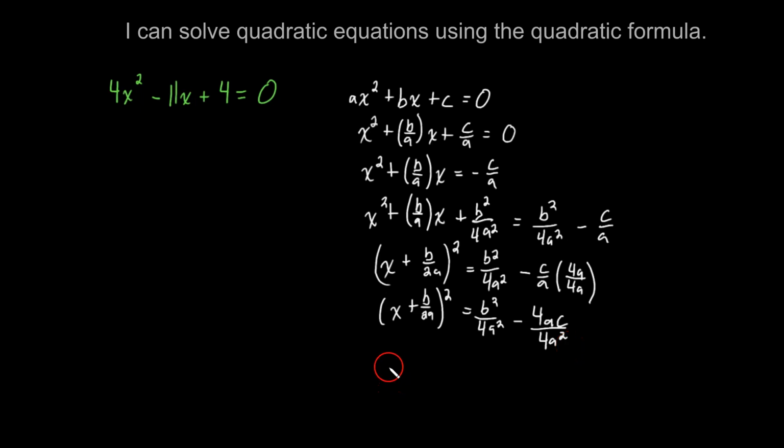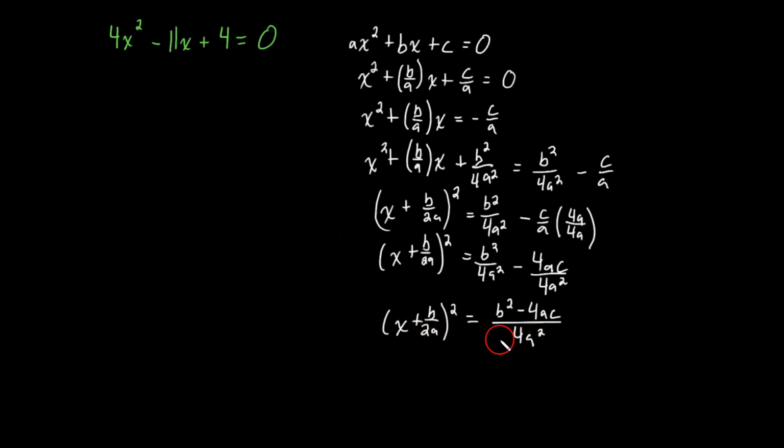That gives me x plus b over 2a, that whole quantity squared, equals b squared minus 4ac, that whole quantity, over 4a squared. And now I can go ahead and solve for x.